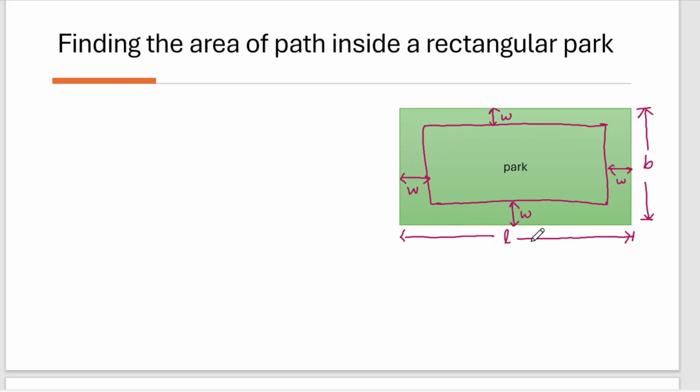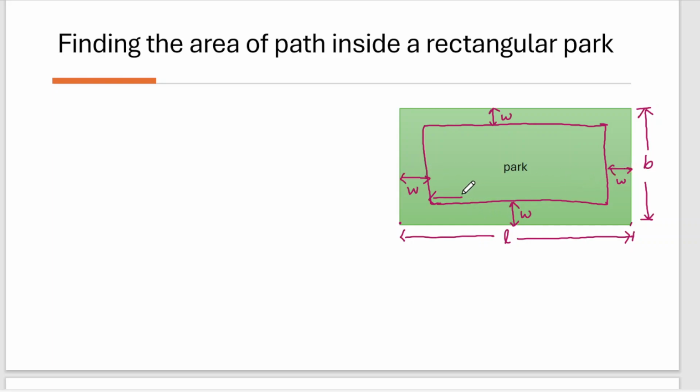So what is the length of this rectangle that we have formed inside this rectangular park? See, from here to here it is L, and we got two W, one W here and one W here.